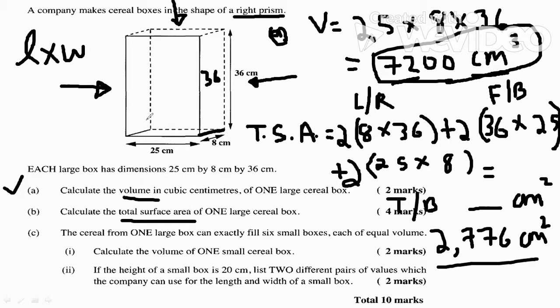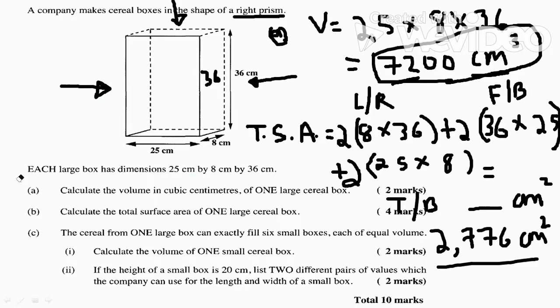The second part of the question says calculate total surface area. So in other words, we want to find the area of the front piece, the back part of the cereal box, the top piece, the area that's beneath the cereal box, the left part, the right part. We all agree that all sides take the shape of a rectangle, which is length times width.